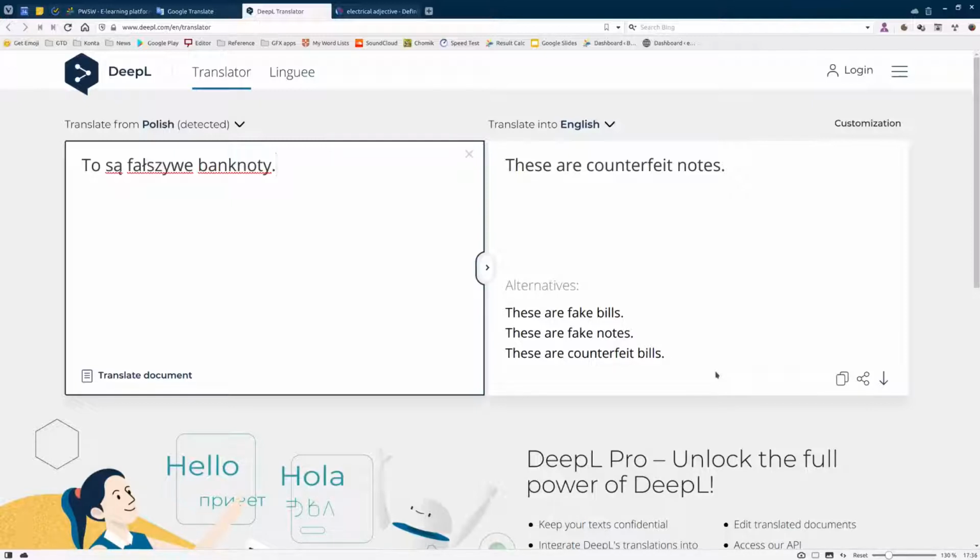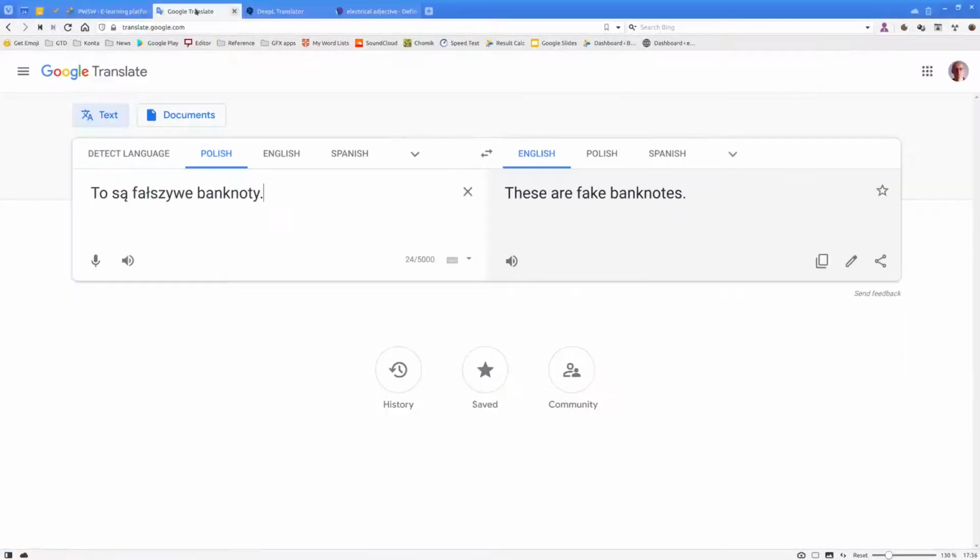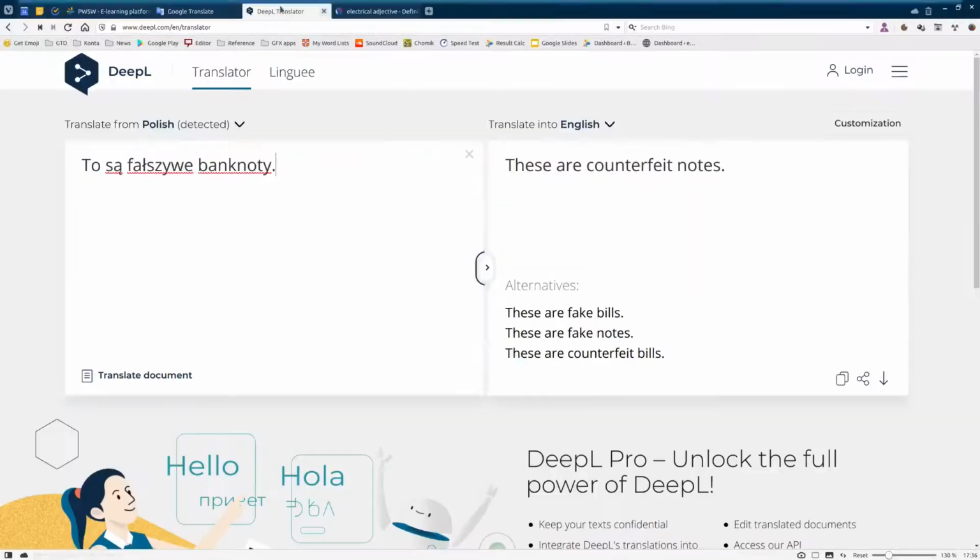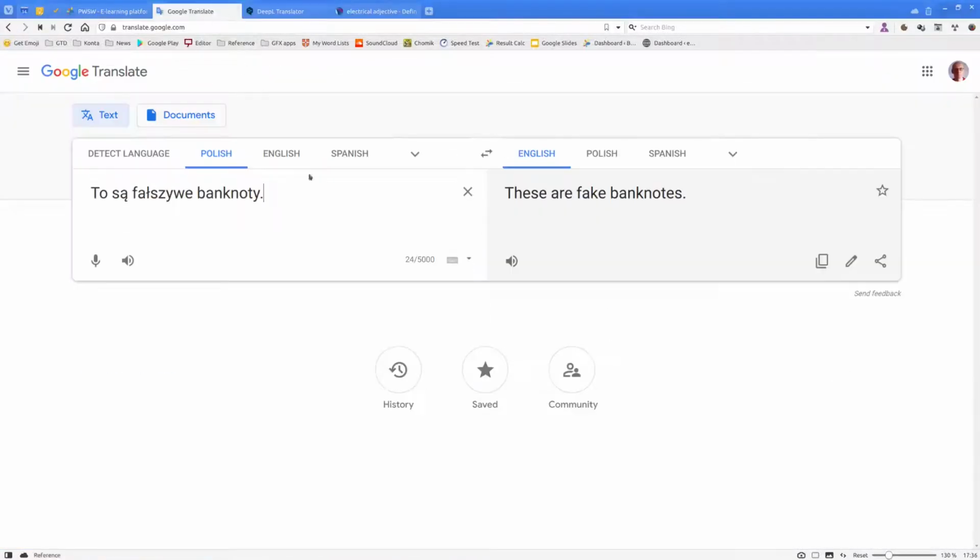The meaning in this context is basically the same. So we've got fake bills, fake notes. Bills is American English. Counterfeit bills, right? And also this translation of banknoty as banknotes.